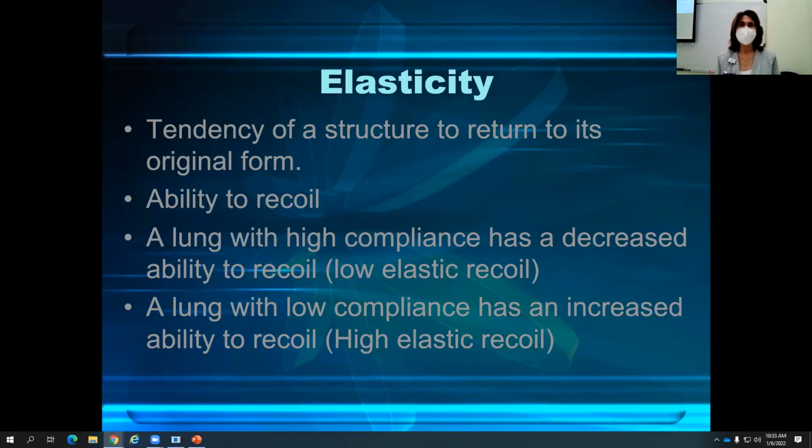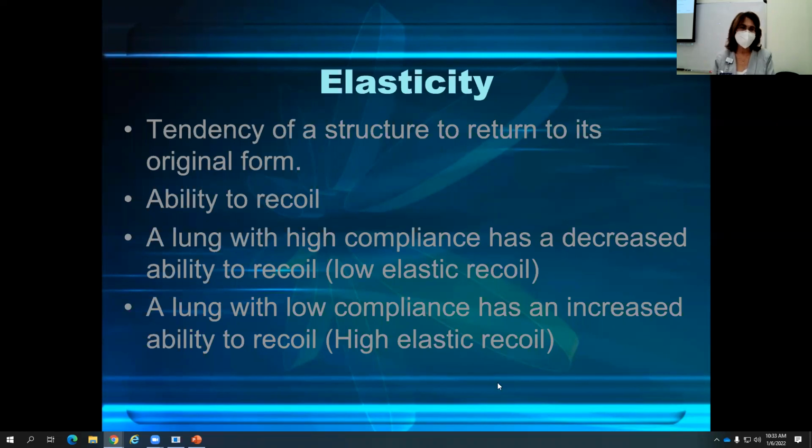But do the lungs recoil? No. So we say they have low elasticity, the inability to recoil back to their original shape. Very good, Chris, you summed it up perfectly. They're opposites. A lung that is easy to ventilate, high compliance, has low elasticity.